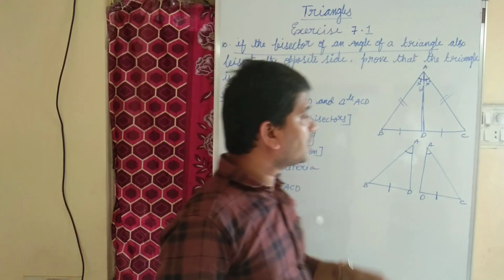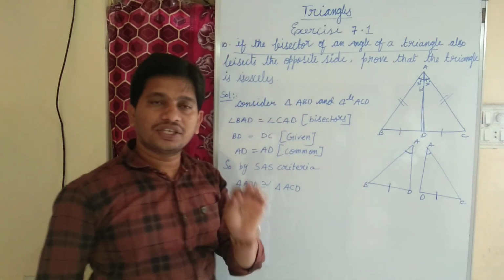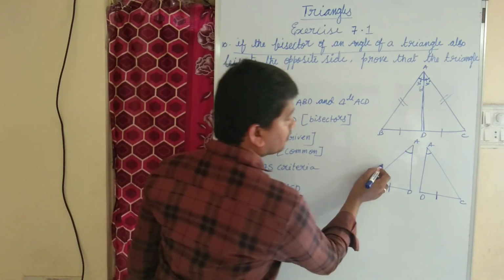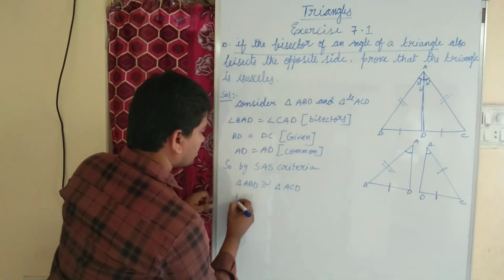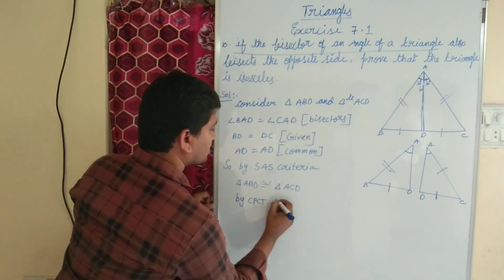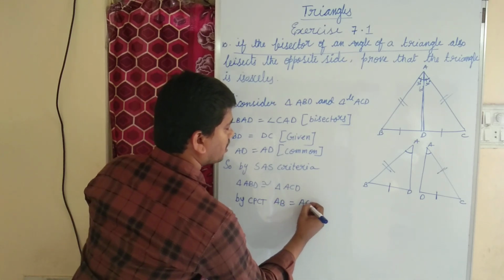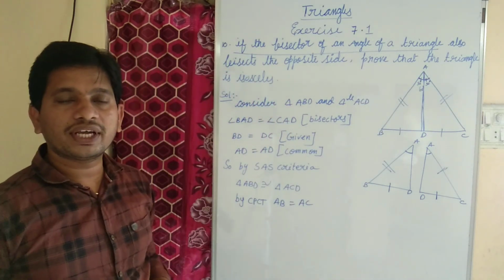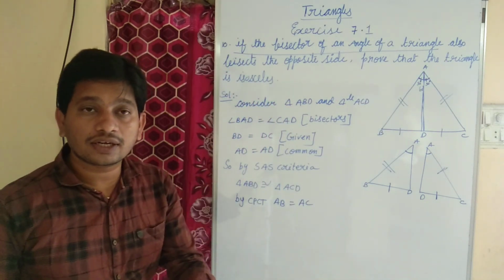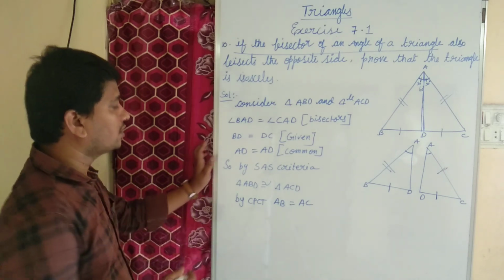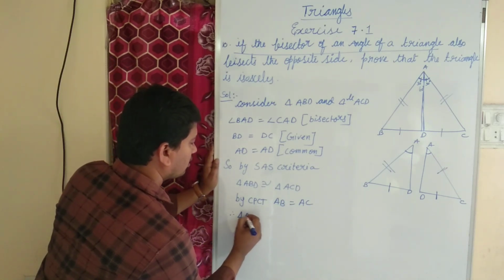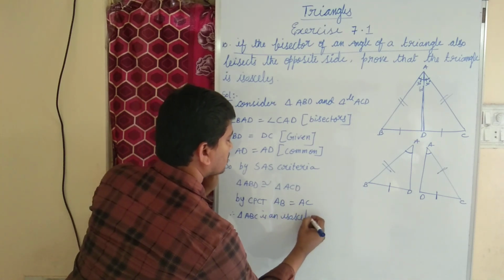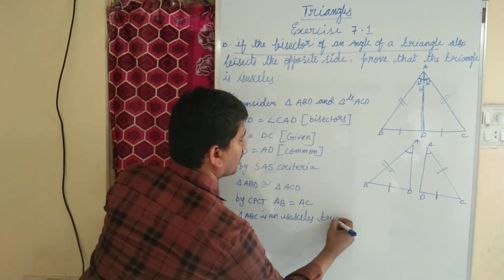So by SAS criteria, triangle ABD and triangle ACD are congruent. If they are congruent, by CPCT, AB equal to AC. If AB equal to AC, a triangle in which two sides are equal, hence it is an isosceles triangle. Therefore, triangle ABC is an isosceles triangle.